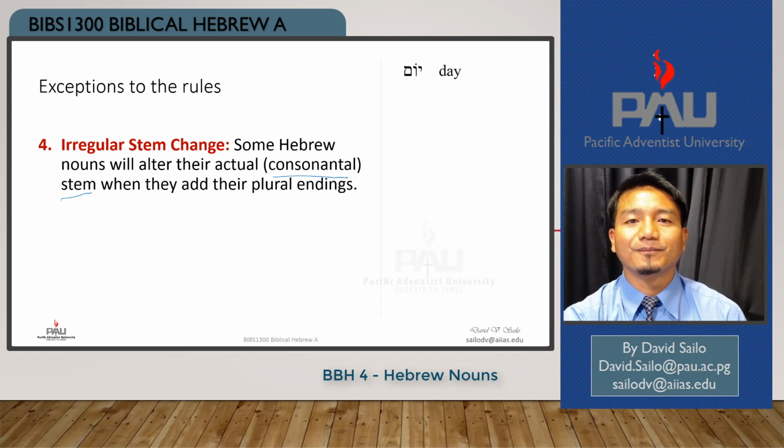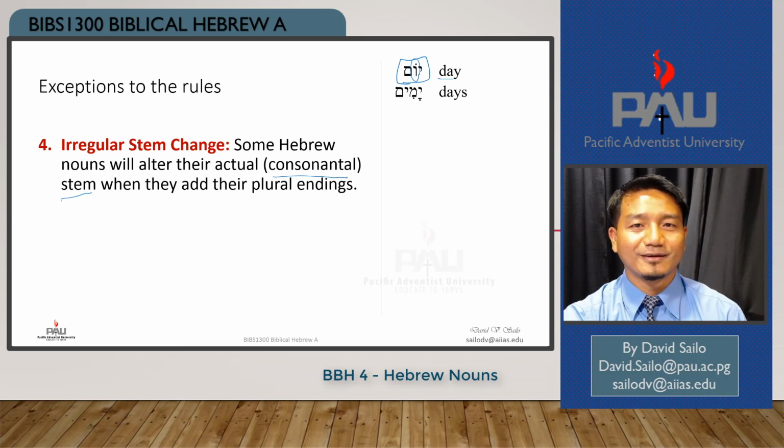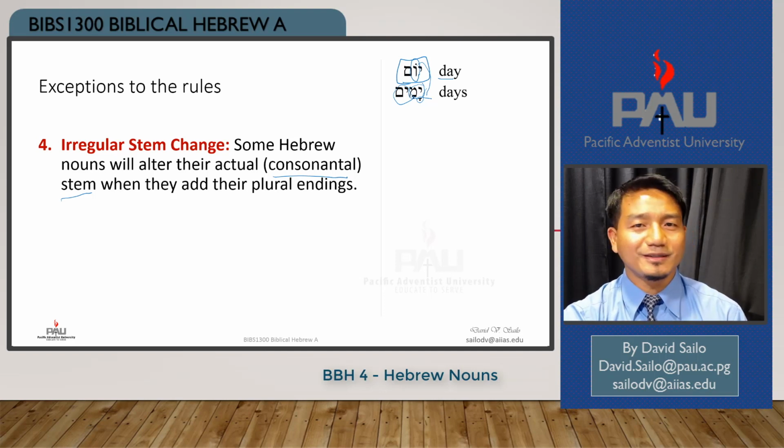We have yom, day, and the holem vav drops and remains only with yod and mem, and with the addition of this, you'll see that the holem vav turns into a kametz. So there is no explanation for this. You just need to be aware of it. You just need to learn.